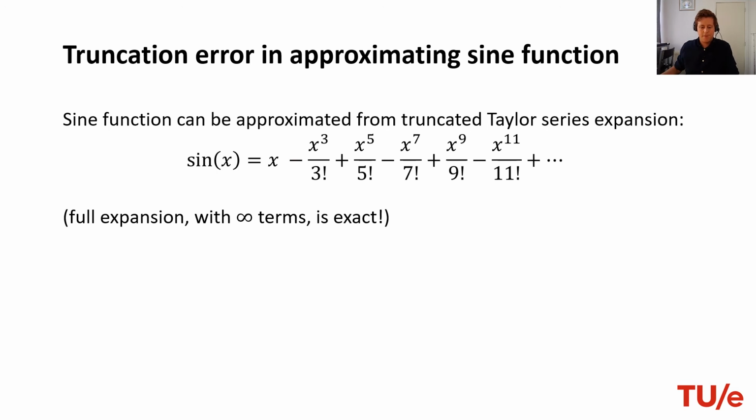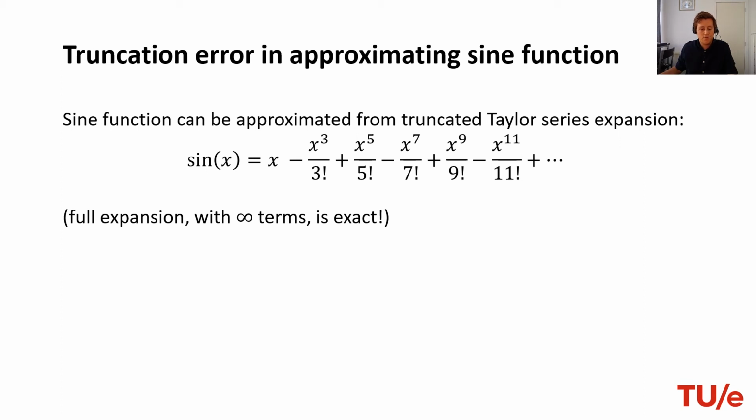An example of such a truncation error can be shown when trying to compute a sine function. Sine functions are difficult functions to compute. They are trigonometric functions for which no simple algebraic formula exists, so we should approximate them. And in order to compute them numerically, we should use a form which computers can easily do.